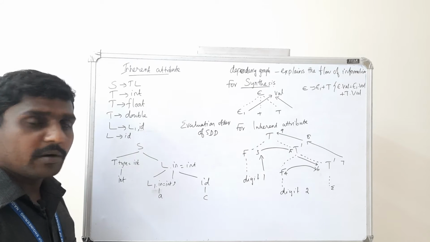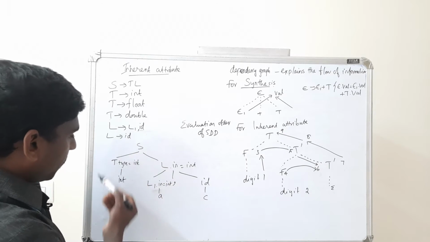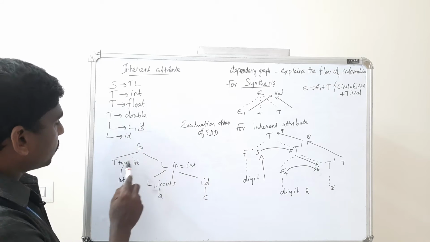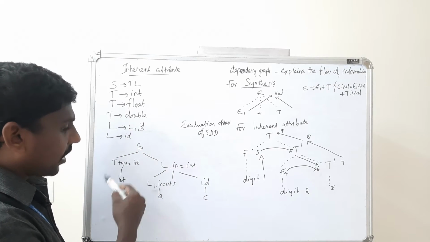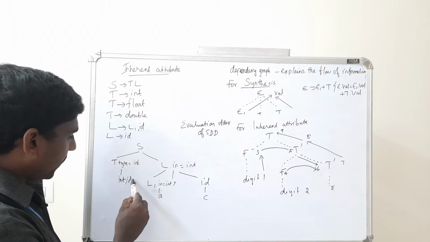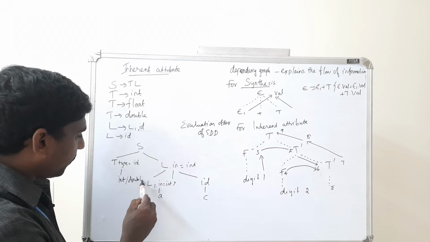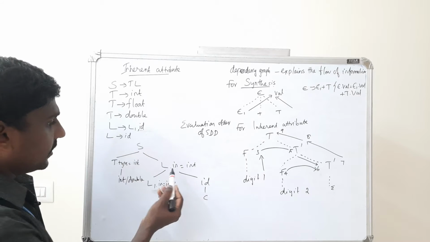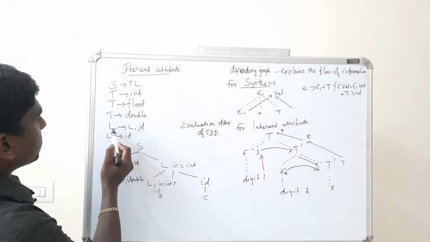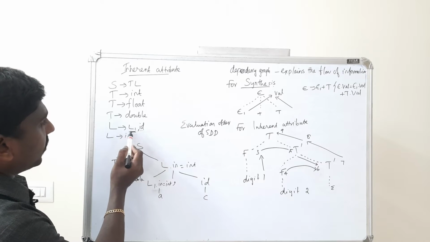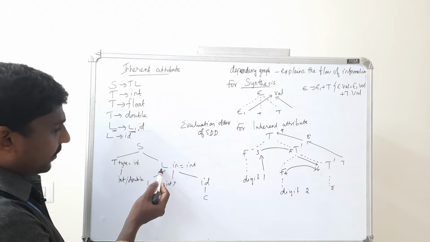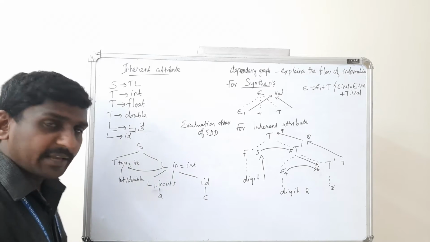Clear? For example, I can make an annotated parse tree like this. S tends to TL, where T, the type, may be integer, double, or float, etc. See this L dot in: this L depends on the T. I mean this L depends on its type.